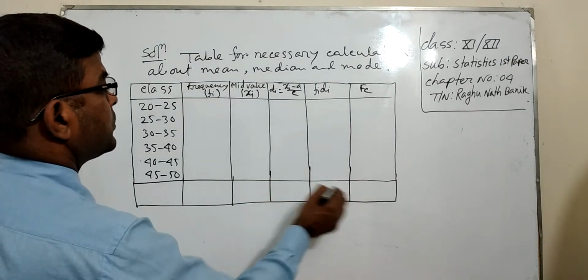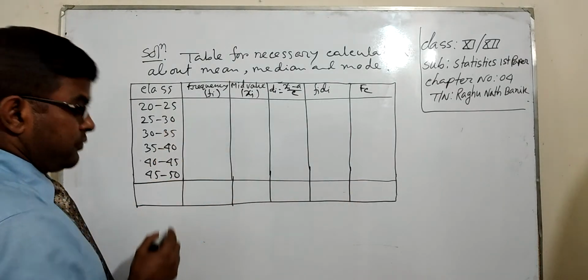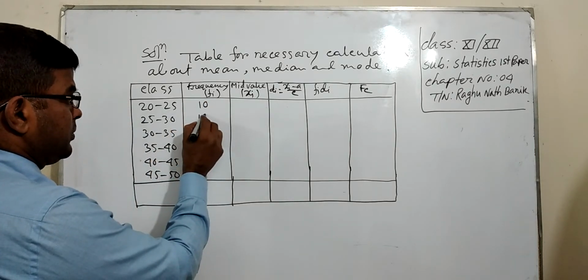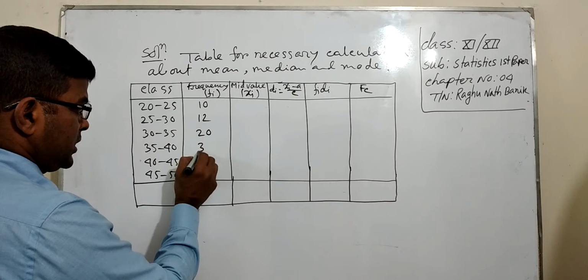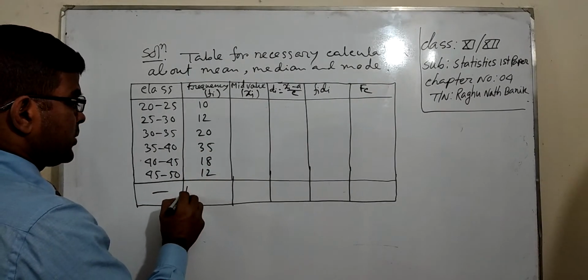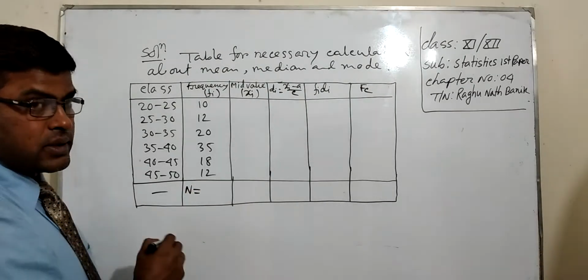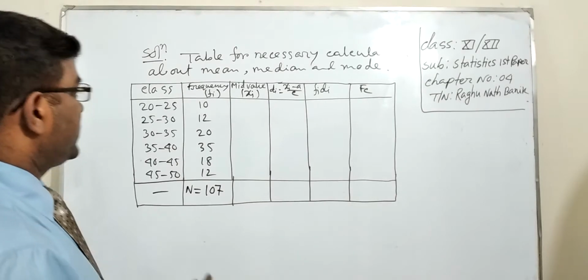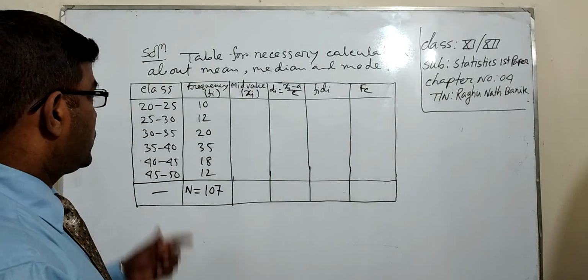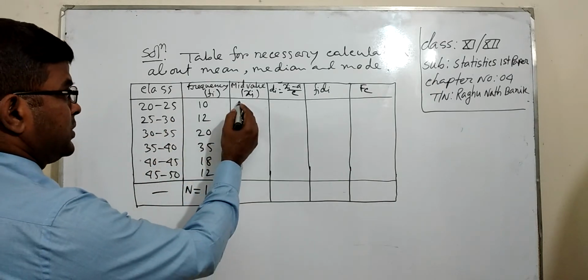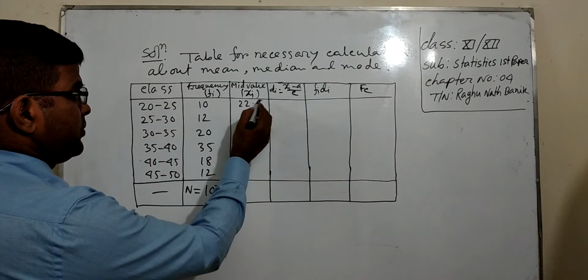In the second column we write the frequency: 10, 12, 20, 35, 18, and 12. The sum total frequency is 107. Mid value: 20 plus 25 divided by 2, that means 22.5.